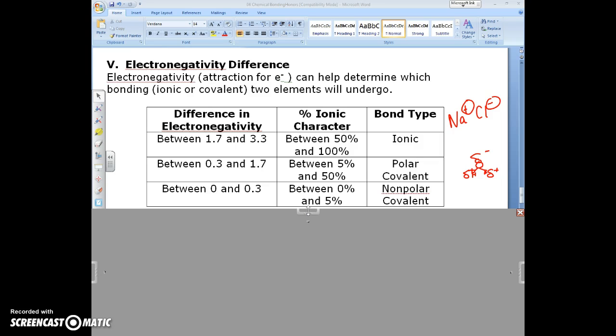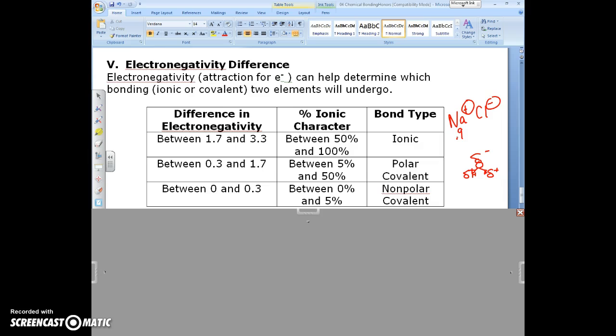Now, an example of the type of problem that you're going to have on the homework and have to answer, and how to use this. It is going to be a difference. So we're talking subtraction, and they're all positive numbers. So it's always big one minus small one. So if I look up Na on my reference page, that's where I'm getting these numbers, sodium is 0.9.